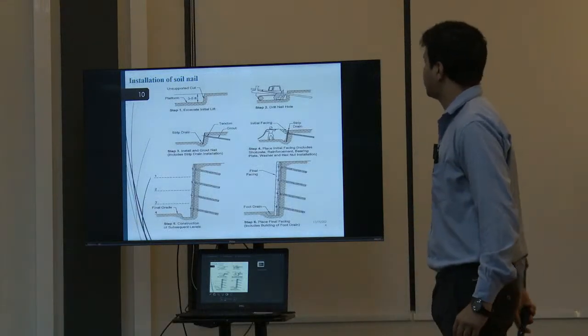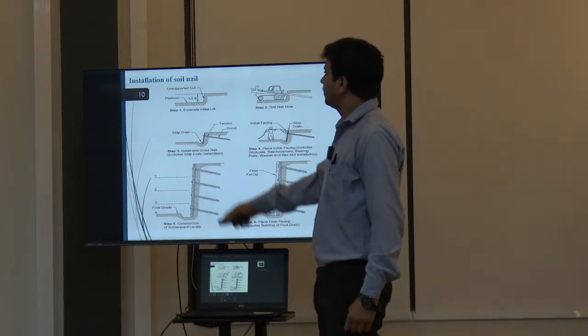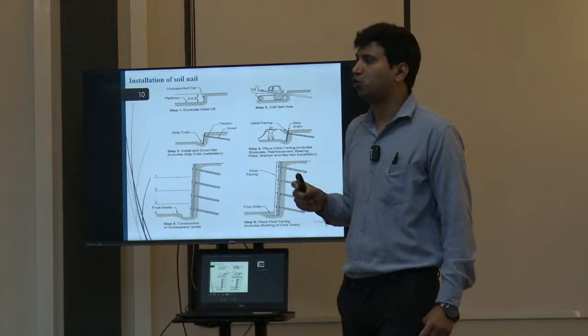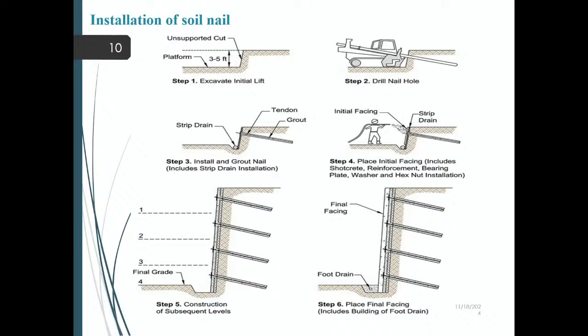which is the final stage. So now the various steps which are included in the installation of a nail. First of all, we cut a soil slope up to 1 to 1.5 meters, you can say 3 to 5 feet, which is unsupported. After excavating, this is the top, I have already discussed that this is a top-down approach.